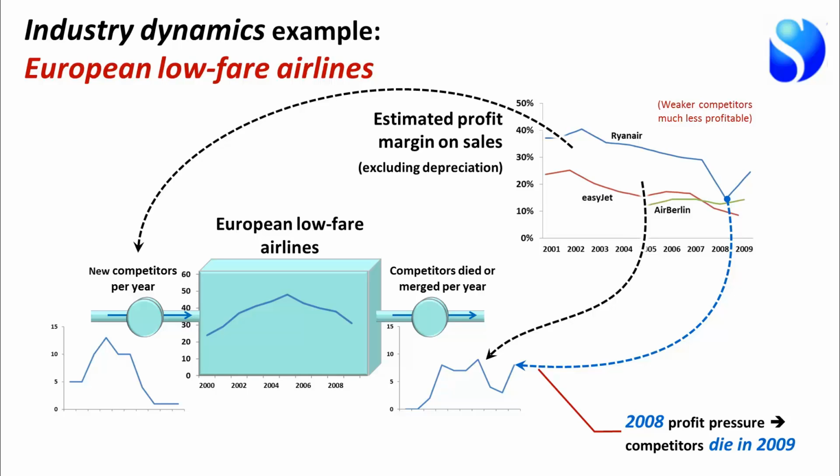Now, if you're a less successful and less efficient competitor to that airline, and they really pile down the prices they're charging, it's just going to make it much more difficult for you. And it's probably not a coincidence that a substantial number of airlines died the year after Ryanair made that move on its fares.